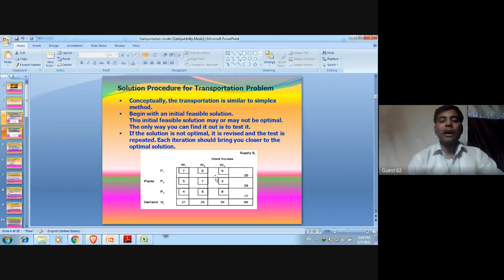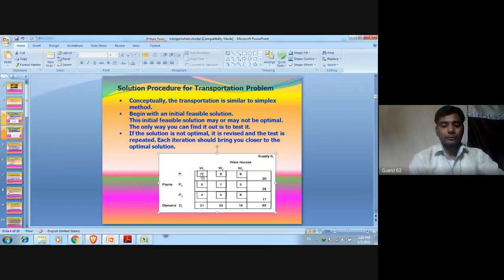Suppose you have to send the product from plant P2 to warehouse W3, then the per unit cost will be 3. If plant P2 sends 19 units to warehouse 3, what will be its cost? 19 into 3, that is 57. So these are the unit costs.